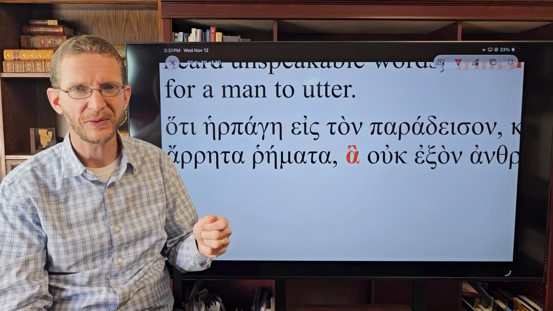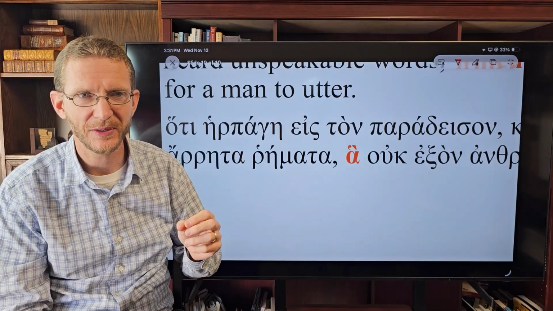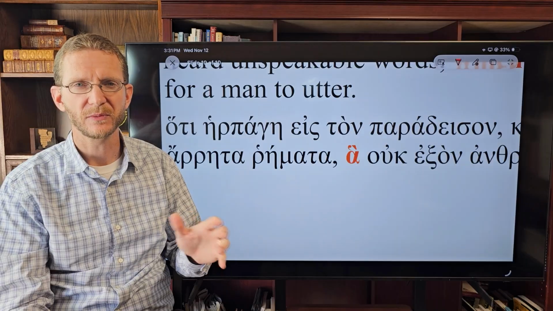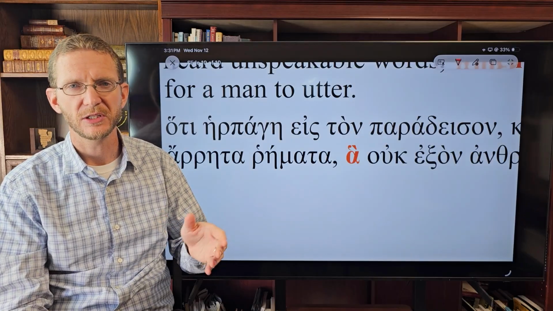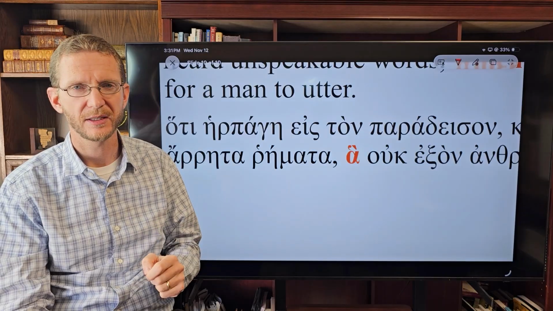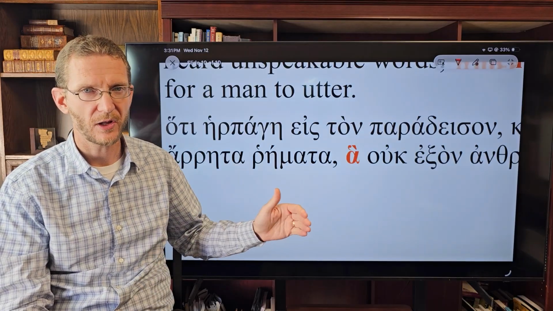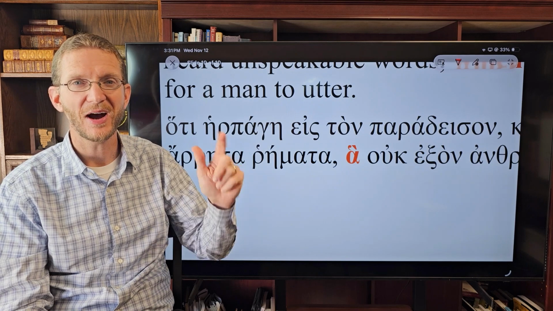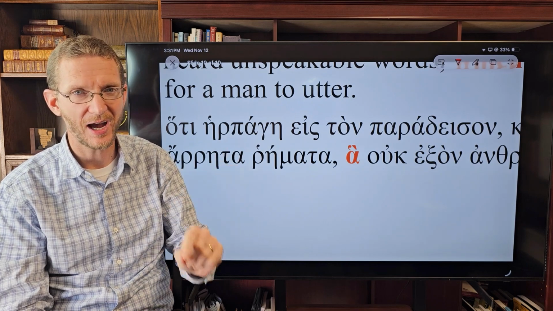But no, in the first declension for relative pronouns, it uses the eta for the singular, not the alpha. So where would you find a single alpha? You'd find it in the neuter. Remember? hos, he, ho, hon, hou, ha.